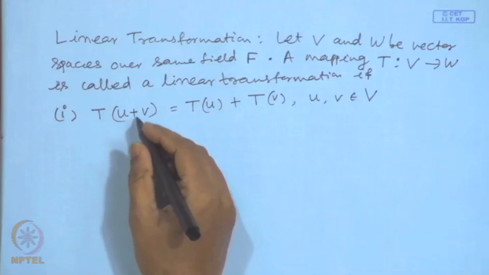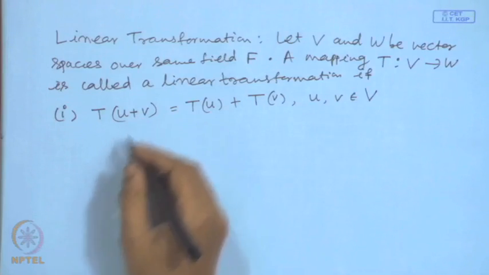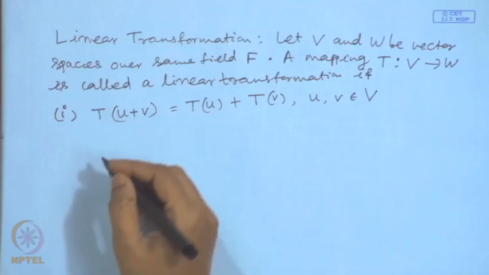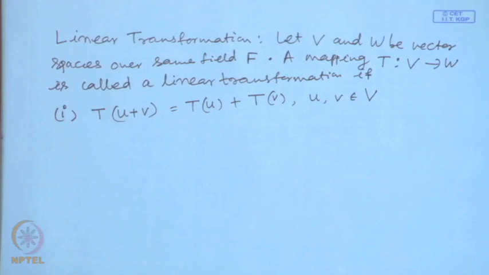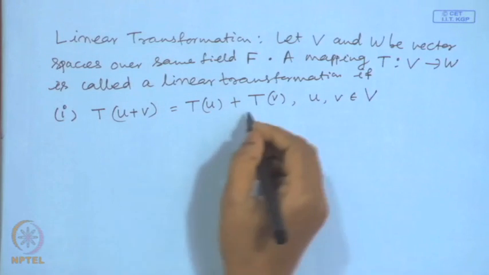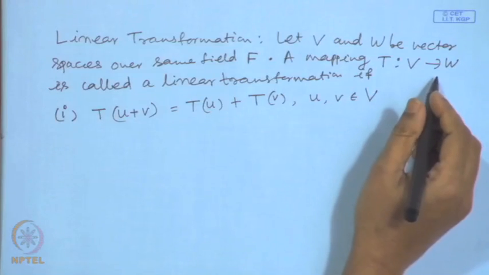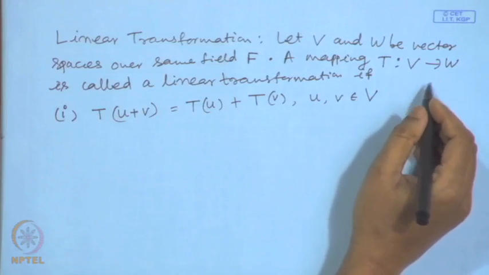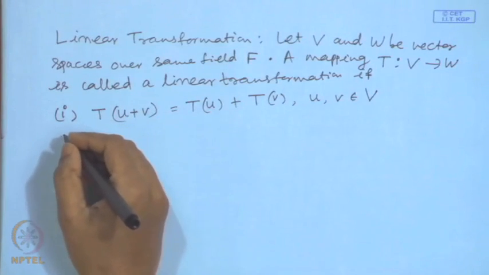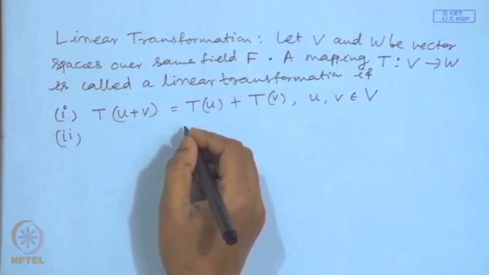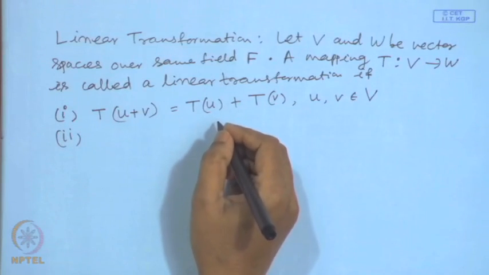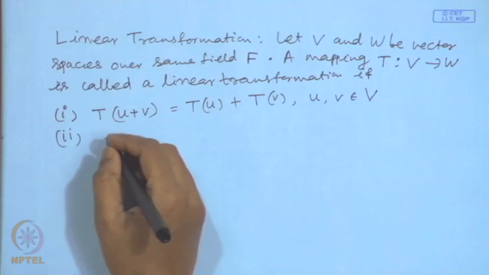Here of course, the plus operation on the left hand side represents the plus operation in the vector space V, and the plus operation on the right hand side represents the plus operation in the vector space W. In other words, this first condition means that the mapping T preserves the addition operation of the vector space.